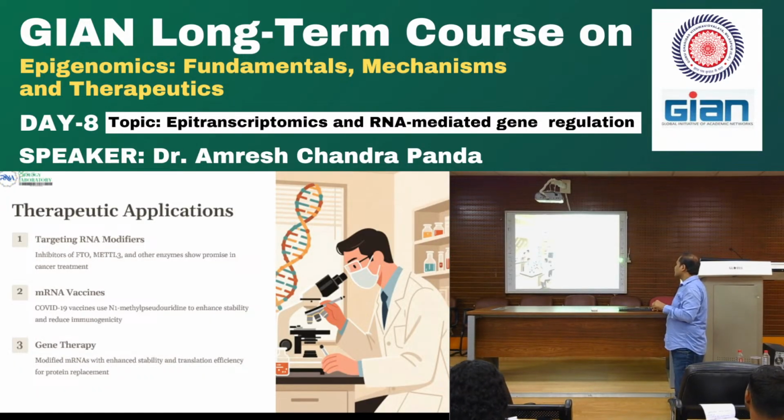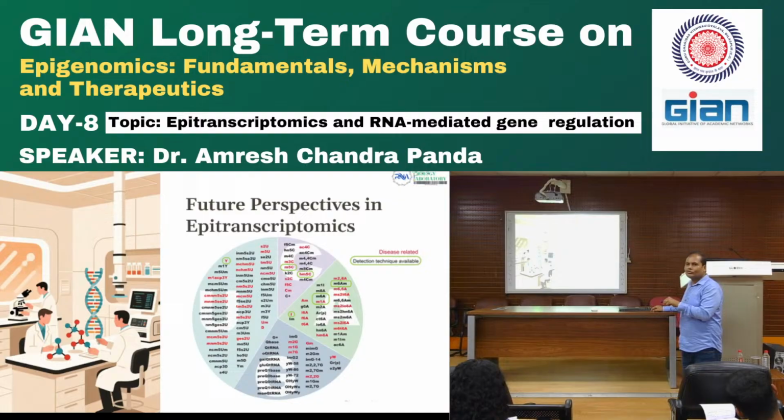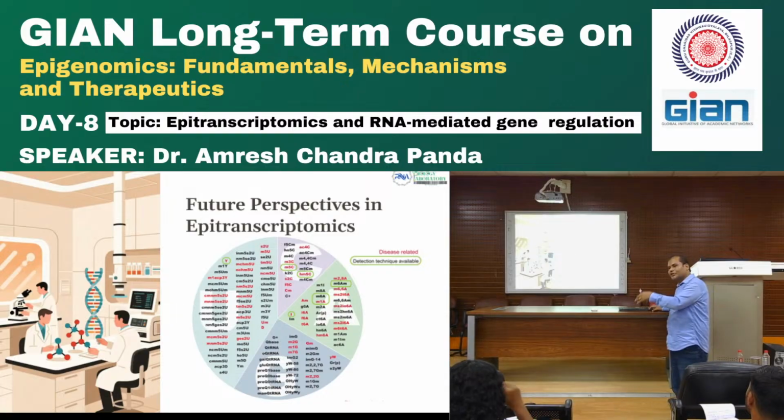And in the future, as I said, only a few modifications we know by sequencing, or we have methods for their detection, and the others need to be discovered, and how they are playing a role also needs to be studied. But we first need detection methods, antibodies, or any pull-down method to study how these modifications are affecting different diseases, right?